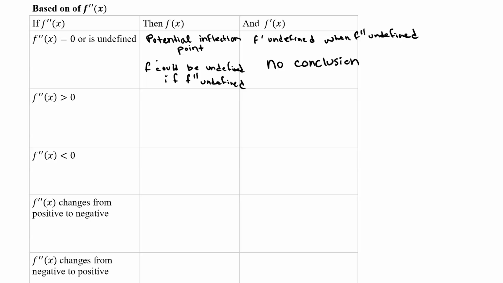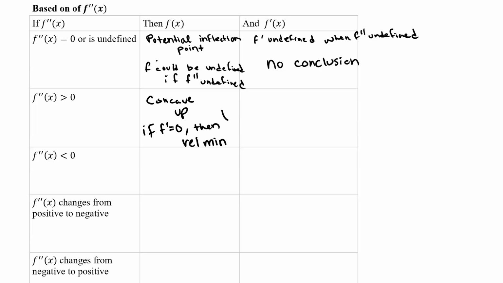If our second derivative is positive, our original function is going to be concave up. And then if our first derivative is equal to 0, and this should go in this box, sorry, then we'll have a relative min.